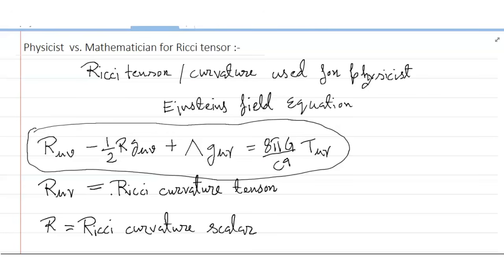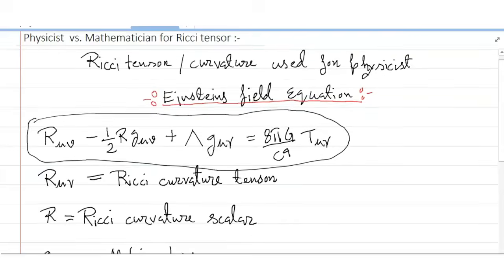I will discuss the Ricci curvature tensor's mathematical approach later, but now just an initial idea of this equation. How can I represent the Einstein field equations? This is a very interesting topic. That's why I discussed this topic.